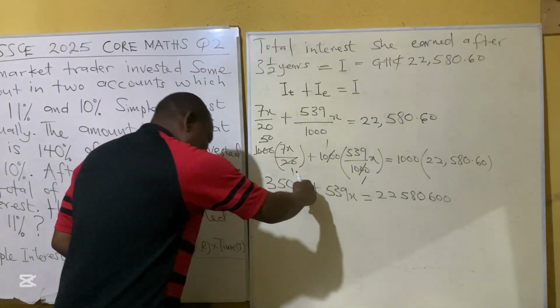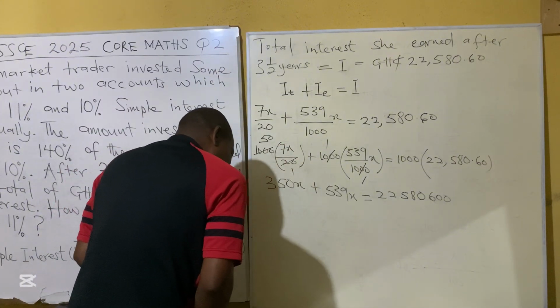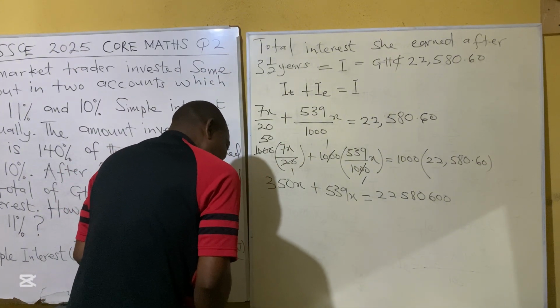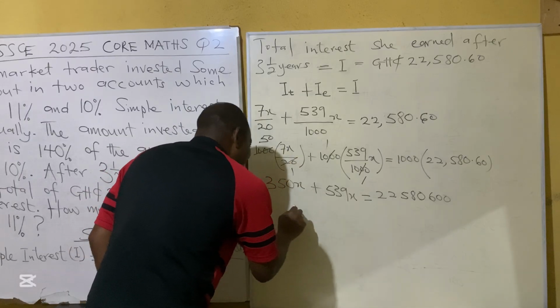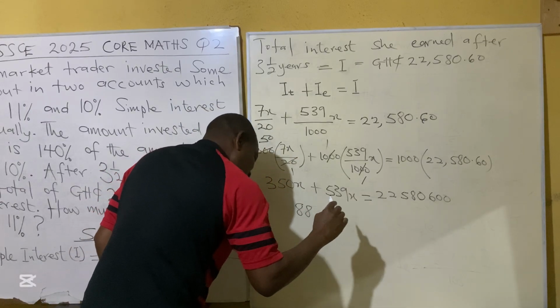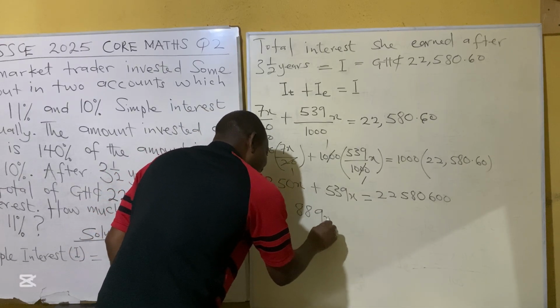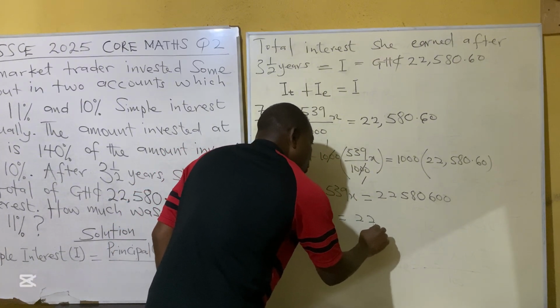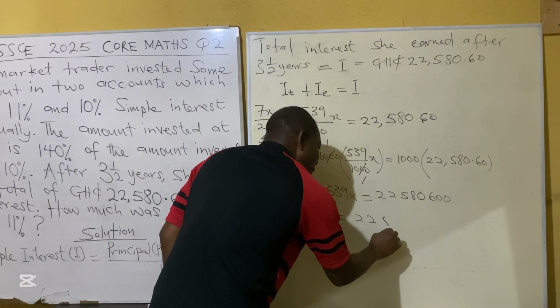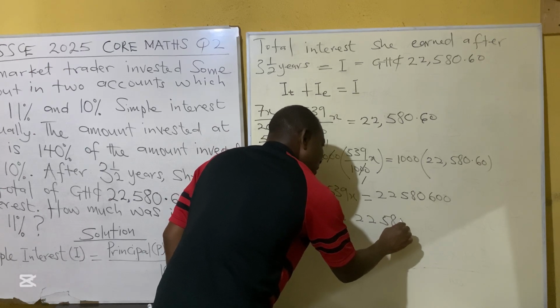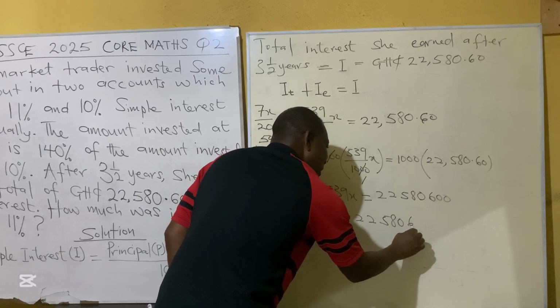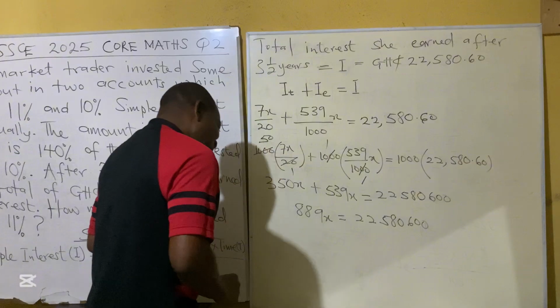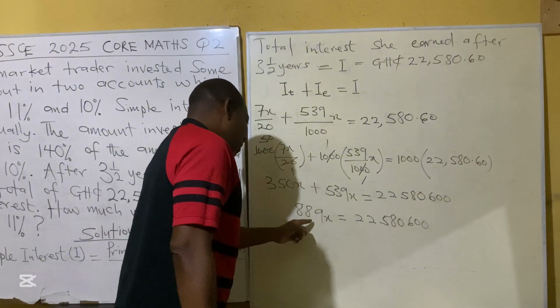Now, let's sum this. When we sum that, it gives us 889x is equal to 22,580,600. So we divide both sides by 889.